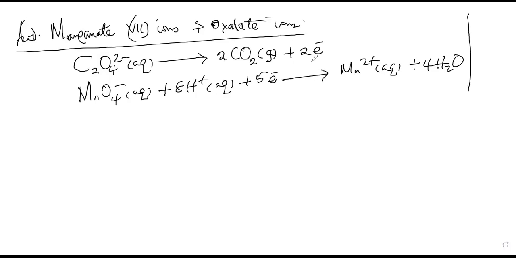Now, here electrons we have 2, while here we have 5. You cannot multiply directly. So you can put a common multiplier that will make them the same. For example, the LCM is 10. That's what I normally tell students. If the LCM is 10, you have 5 and 2, multiply here by 5, multiply here by 2, so that they are 10, both.